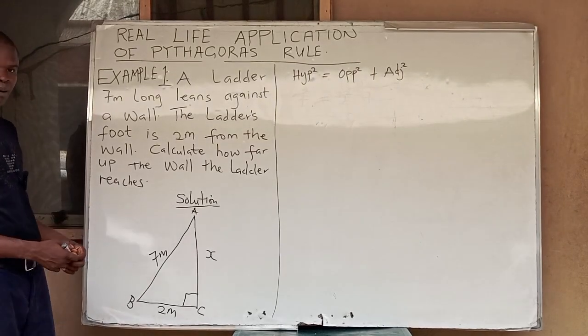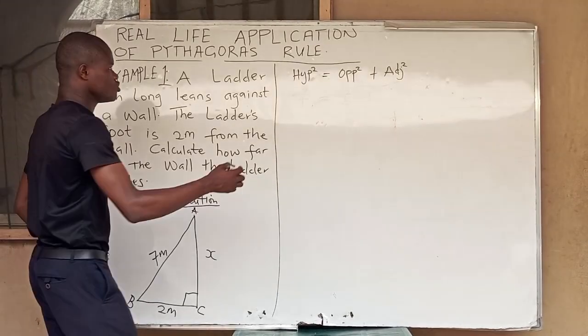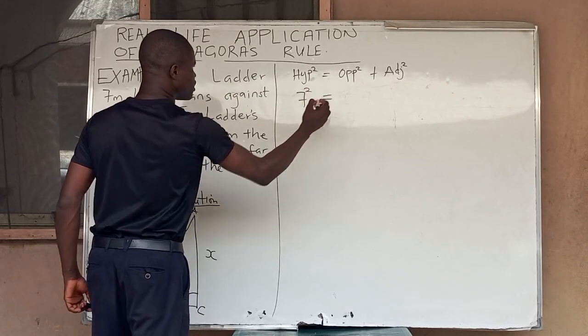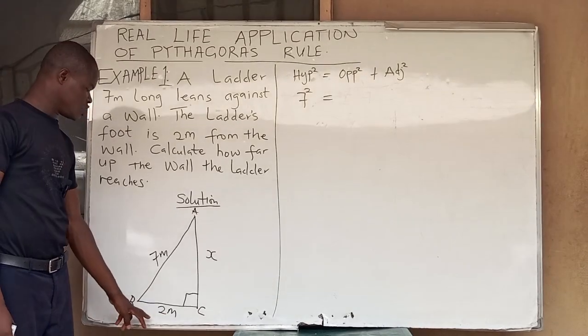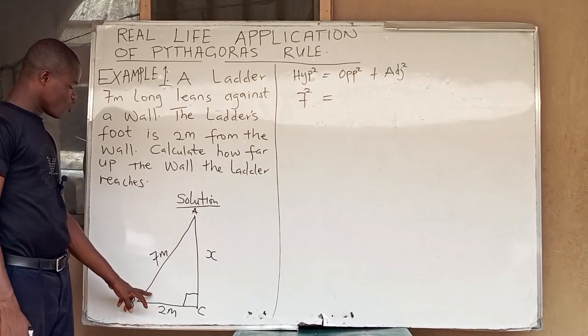Okay, so let's substitute appropriately. Line AB is our hypotenuse, so in the place of hypotenuse, we put 7 square is equal to, and then line BC is our opposite, because no angle was specified here.